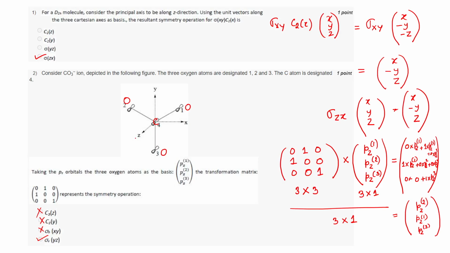Then you can see none of the lobes are changed, but 3 becomes 3 because the yz plane will just make it half along the y-axis, so it doesn't matter. But 2 becomes 1 and 1 becomes 2 along that reflection axis. So this is the correct answer.